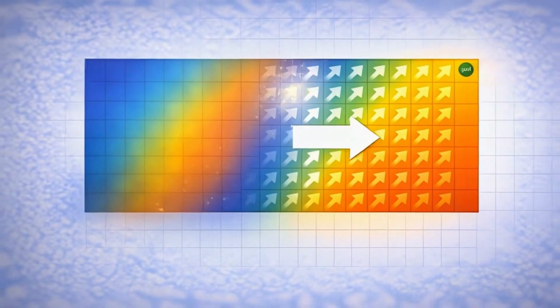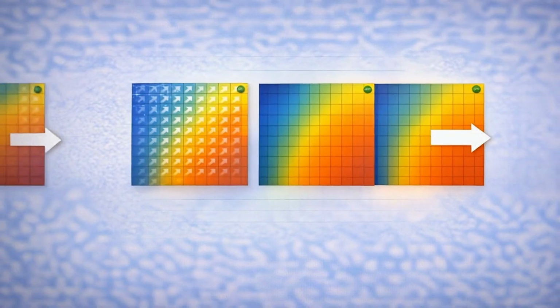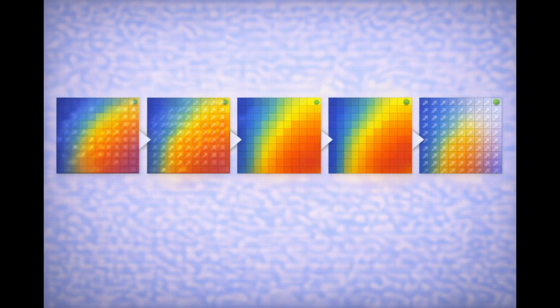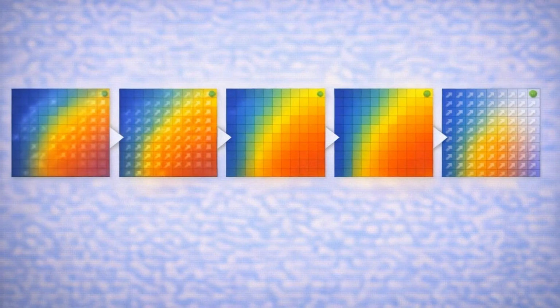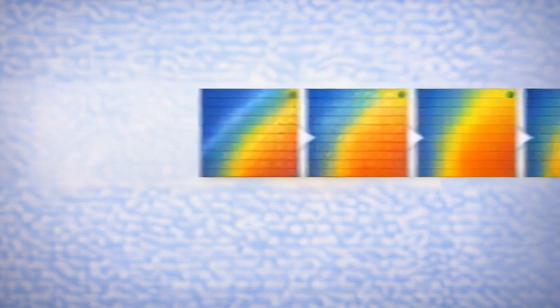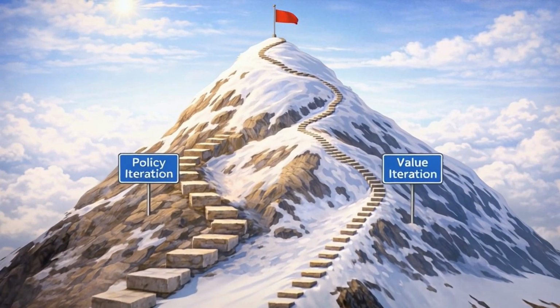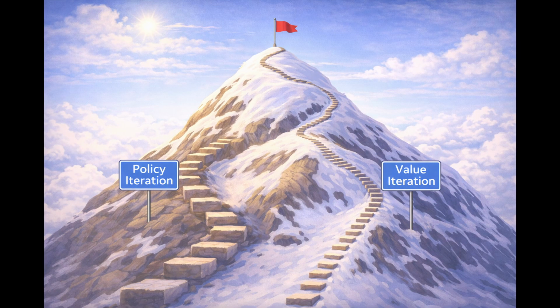Value iteration often takes more iterations than policy iteration, but each iteration is usually lightweight. You're doing small, consistent pushes toward optimal values, and you can watch the value landscape become stable as the greedy action choices stop changing. Both algorithms aim for the same destination, the optimal value function and an optimal policy.